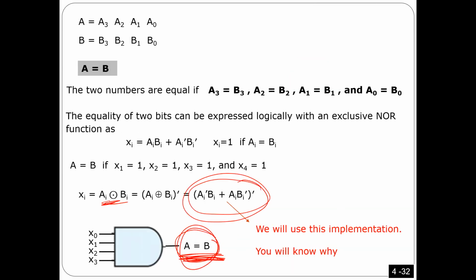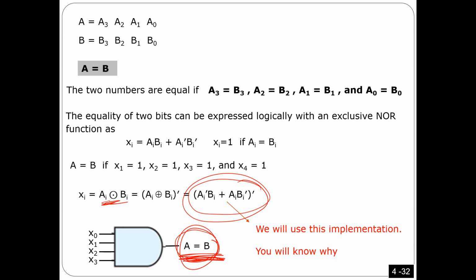In exams, I haven't thought yet how I can ask about this chapter, but typically I can ask you to design only a circuit for equal. I can tell you, you have 2 bits, I want to compare a 2-bit number to a 2-bit number, make a circuit for equal. In this case, you can use whatever you want, as long as it's correct.